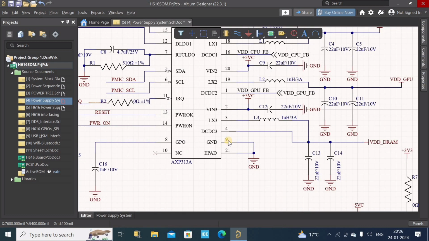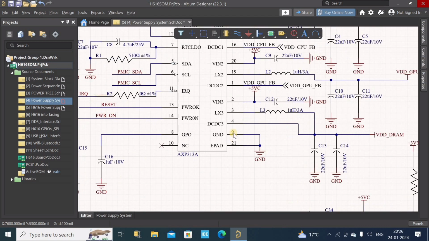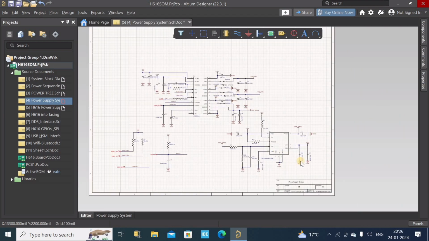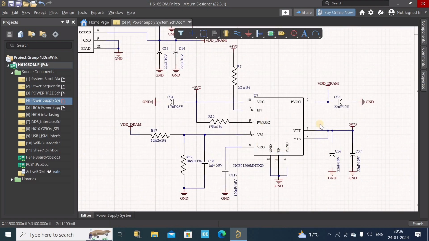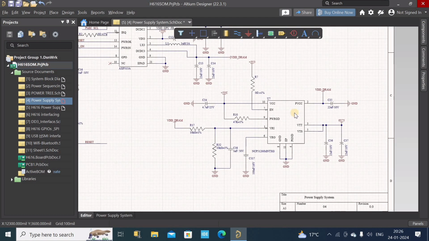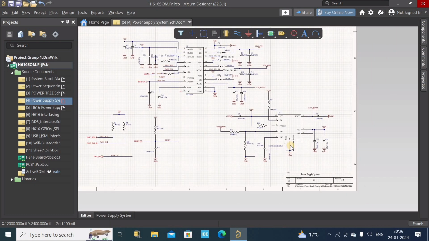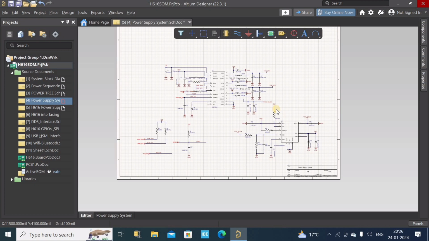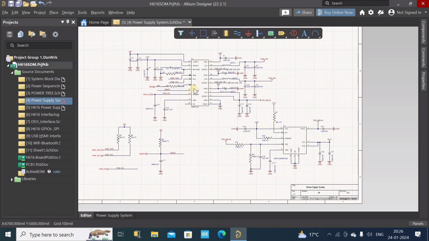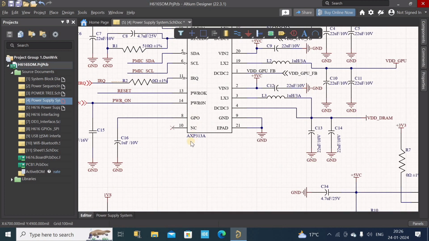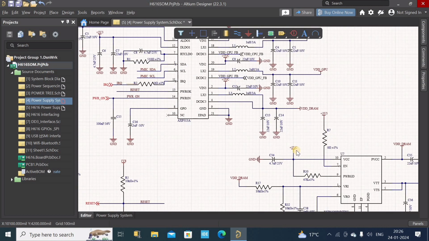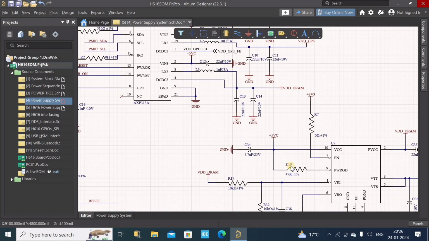Okay, good. So down here we have two pins, this 9 and 21 pins. They are nothing but connected to the ground. Okay, and down here we have one VTT regulator chip, and this is also powered up with the same voltage level as the power management IC, which is nothing but positive 5 volt DC.